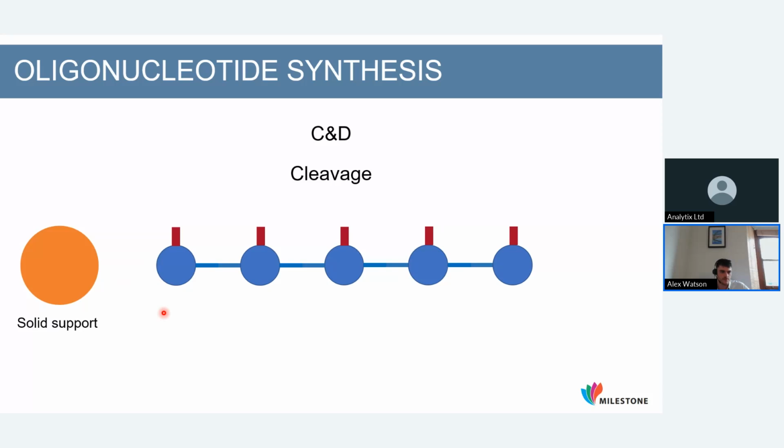We'll then perform deprotection, a chemical process in which we remove those protective groups, and we're left with our final product. At this stage, the oligo will still be interacting with the solid support. It's not physically bound, but it has an interaction, so it stays connected to our solid support.